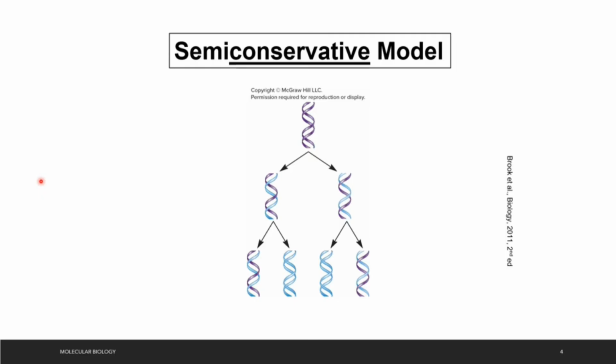The parental strand is the strand that's coming from the original double helix, and the daughter strand is the newly made strand. So from the original double helix, if DNA replication were to follow the semi-conservative model, after the first round of replication, we should have 2 pieces of DNA, and each piece of DNA will be a mixture of 1 original parental strand and 1 newly synthesized daughter strand.